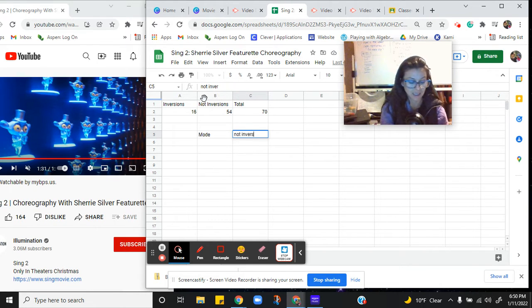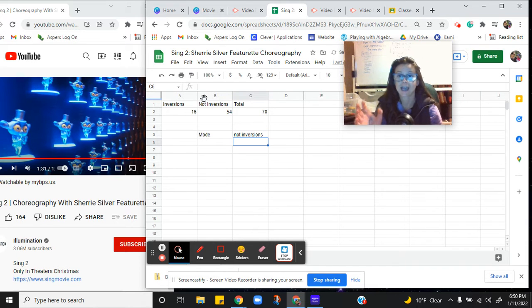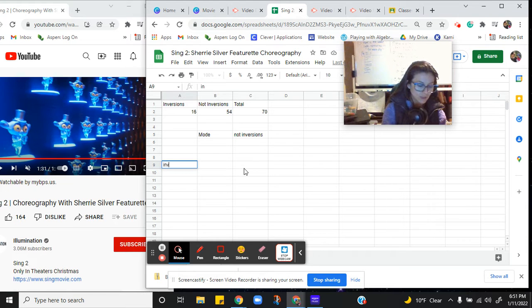It's the fact that the data we collected is frequencies and it's categorical, a categorical frequency. Now we can also do frequencies that are not categorical. So if we wanted to quantify this more, then we could say, okay, let's go to the 16 inversions. And in those inversions, let's measure the degree of the person's head to the ground.